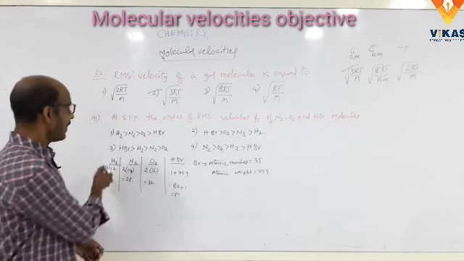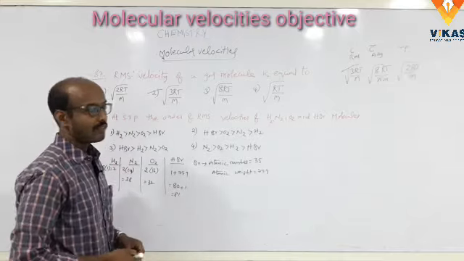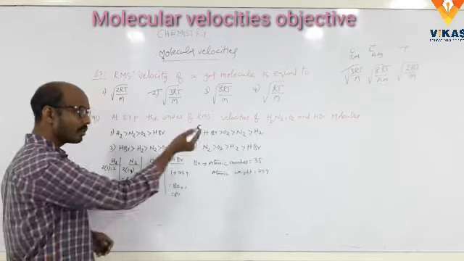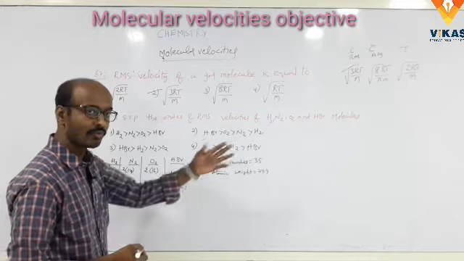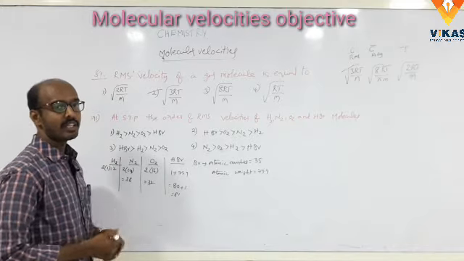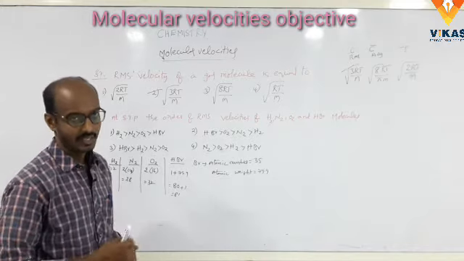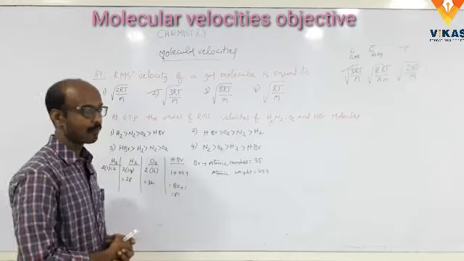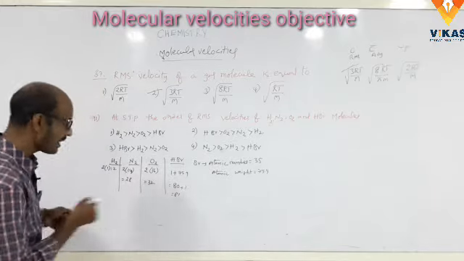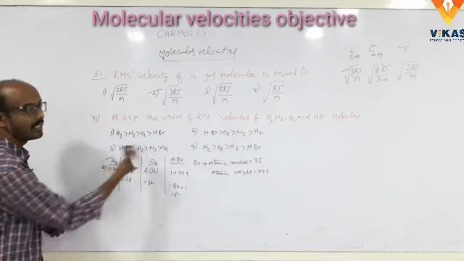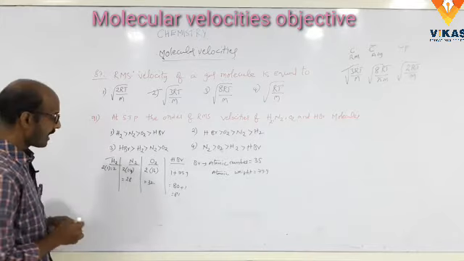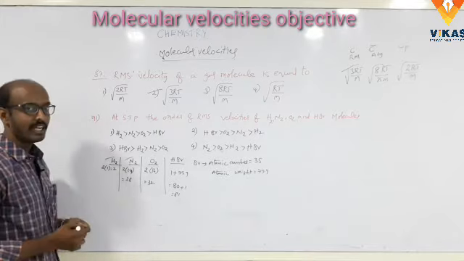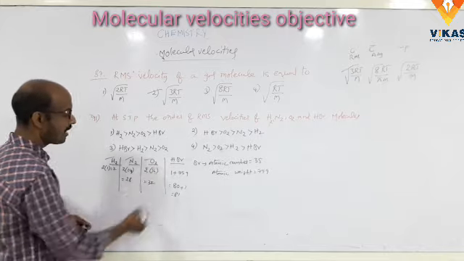So what is the order of the RMS velocity of the following gases? Among these four gases, any one having low molecular mass has the high RMS velocity. So among these four, hydrogen has the lowest molecular mass compared with the remaining. Second one, nitrogen is the second in order, third one oxygen, and fourth one HBr.